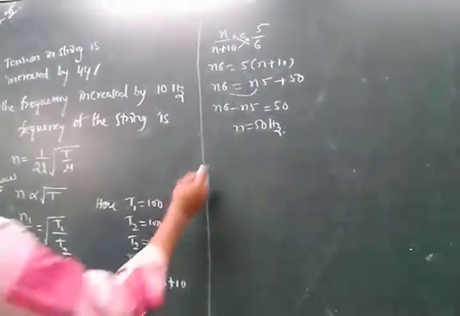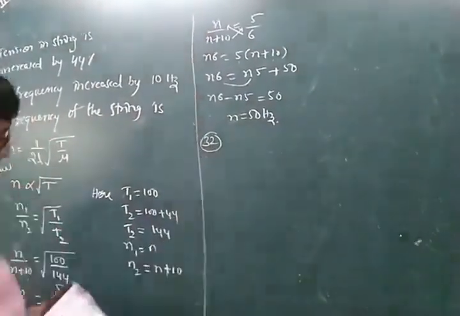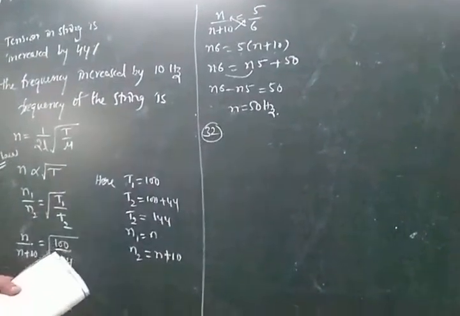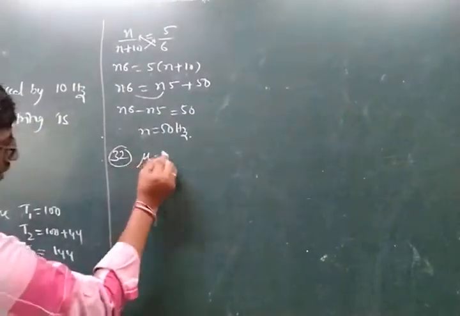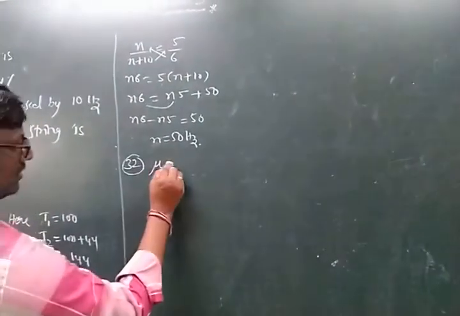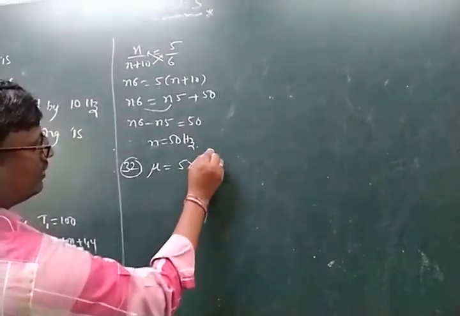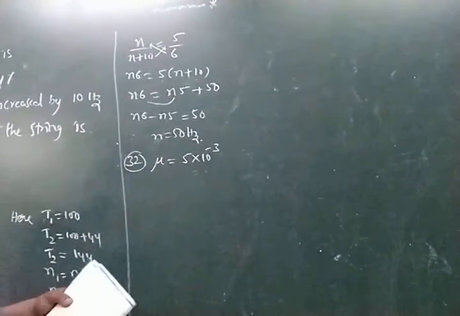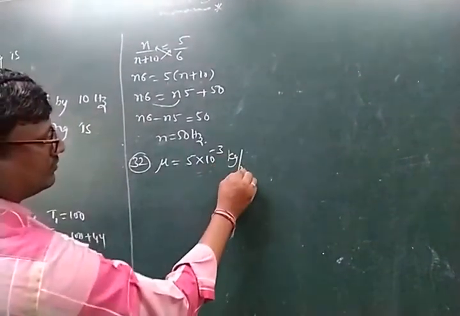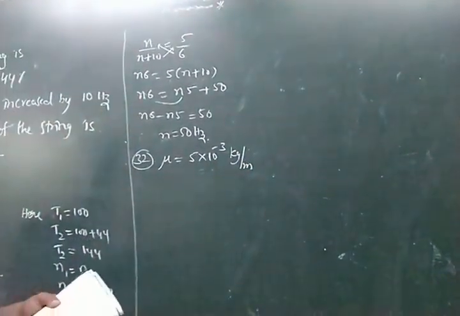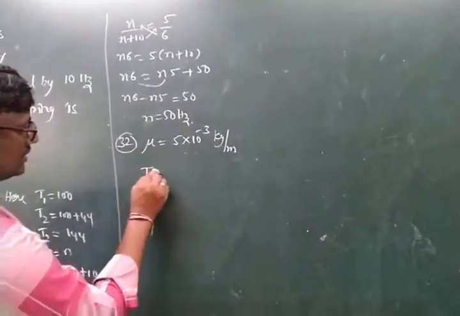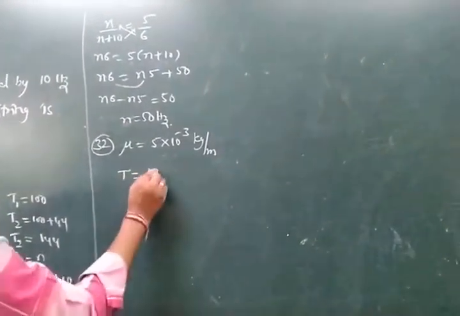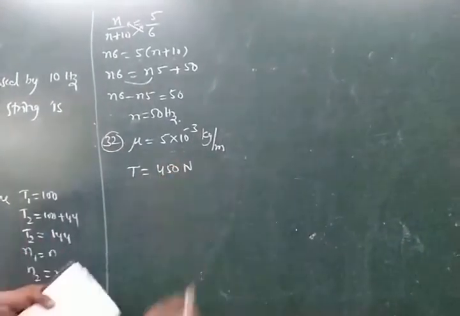So next, question number 32. A wire whose linear density, denoted by mu, is given as 5 into 10 power of minus 3 kg per meter, is stretched between two positions under tension. The tension is given as 450 newtons.